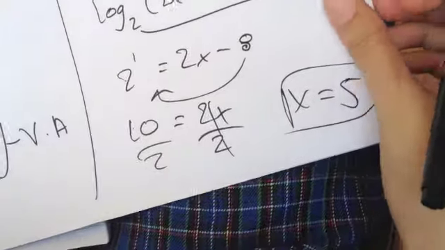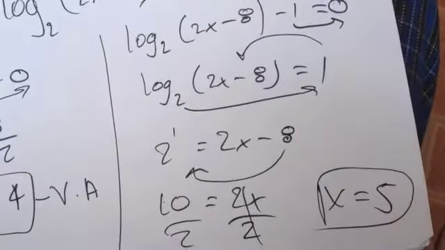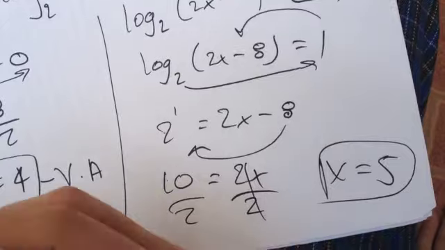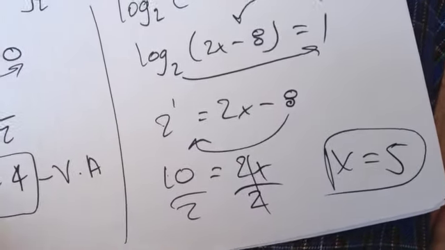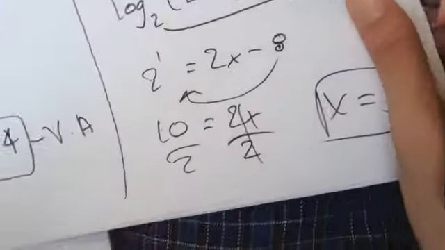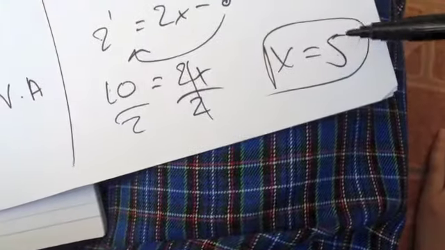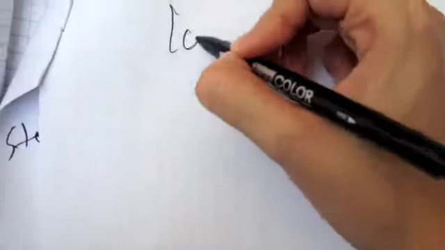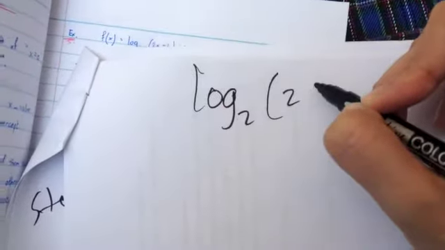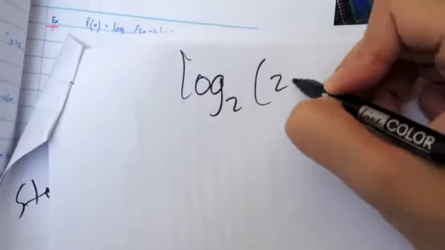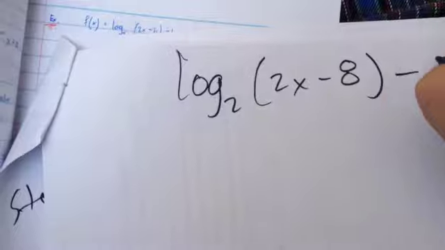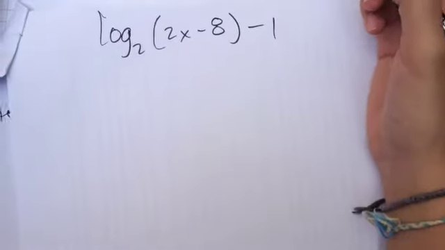So after that you need to substitute x for at least 2 points, which is a number greater than 5 and a number lesser than 5. So you use the same equation, which is log of 2x minus 8, minus 1. There.